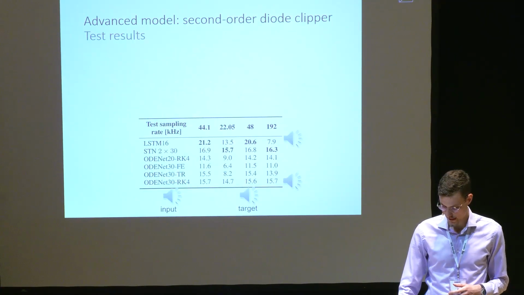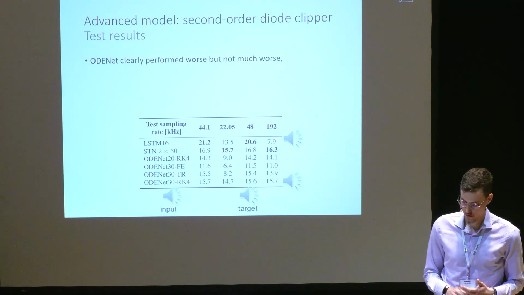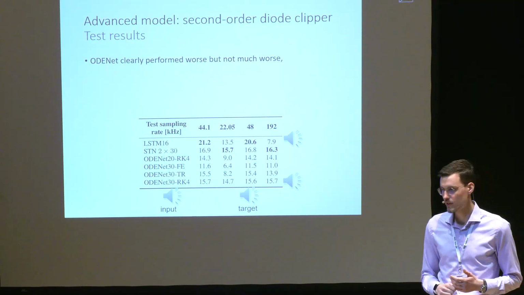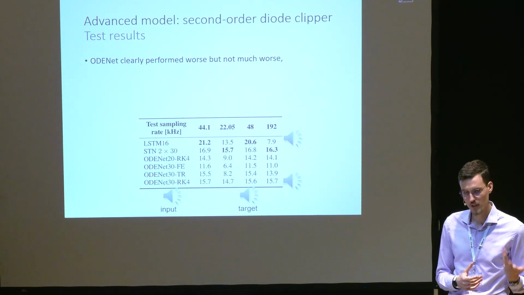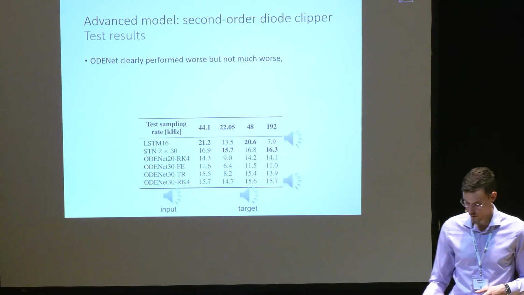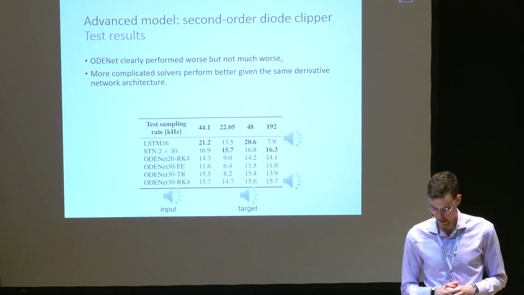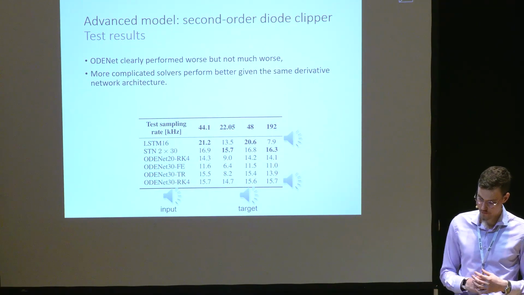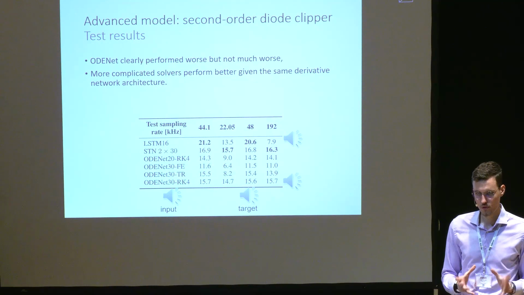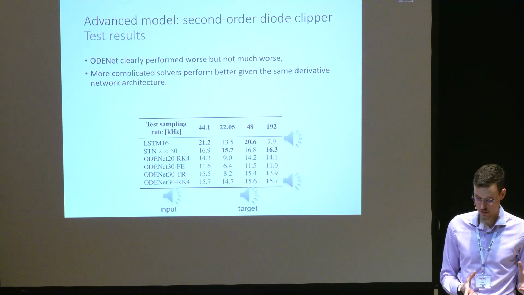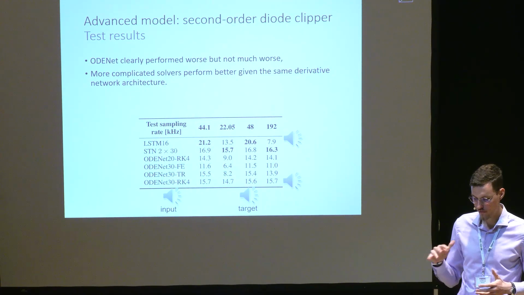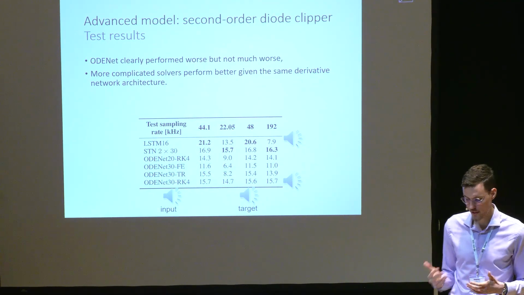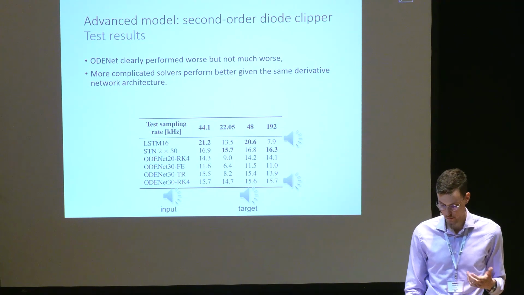So let's take a look at the results. As we can see, our model performed worse, but not much worse, we could say. What's interesting here is that when we have the same derivative neural network architecture, but we increase the level of complexity of the solver, we can obtain better results.